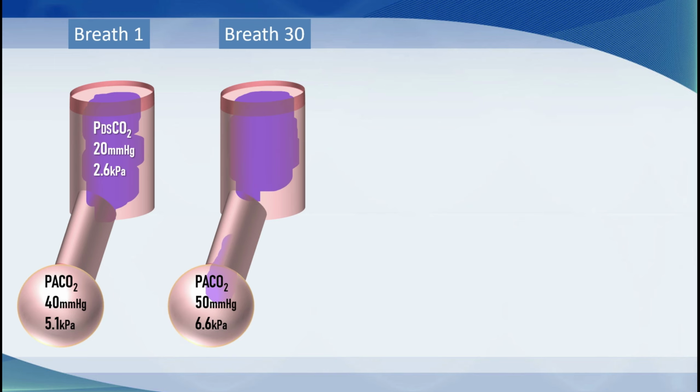By breath 30, the PaCO2 due to hypoventilation has built up in the alveoli, so it's up to 50 millimeters of mercury, about 6.6 kilopascals, and the dead space CO2 has increased also because of diffusion of that CO2 along the partial pressure gradient. So now it's up to 30 millimeters of mercury or 4 kilopascals.